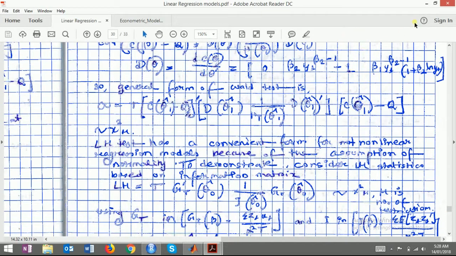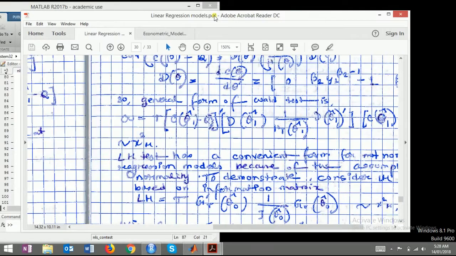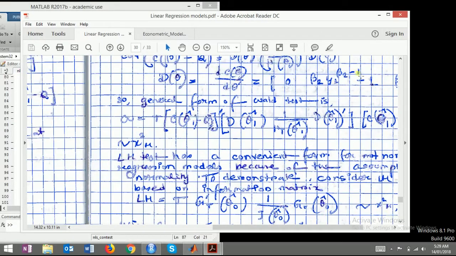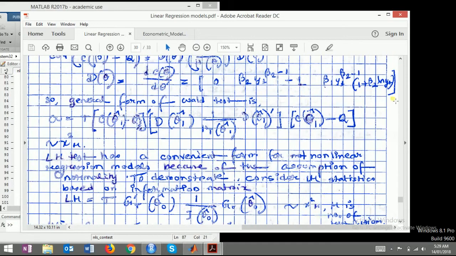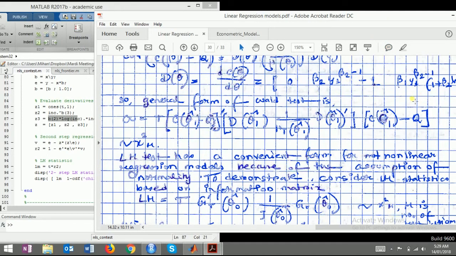Beta 2 y income to the power first ones, then income to the power of beta 3, break it out. Okay, then beta 2 log of income into income to the power beta 3. So just look into this.